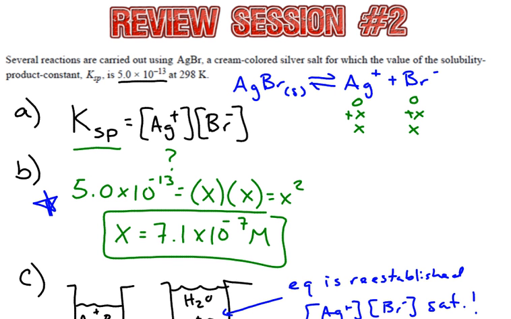Are these at equilibrium? I don't know. So what I have to do is plug them in. What am I actually solving for initially? What's the phrase? What am I solving for? I'm not solving for Ksp. I'm solving for Q, to see if it precipitates. Okay? Let's take a look.